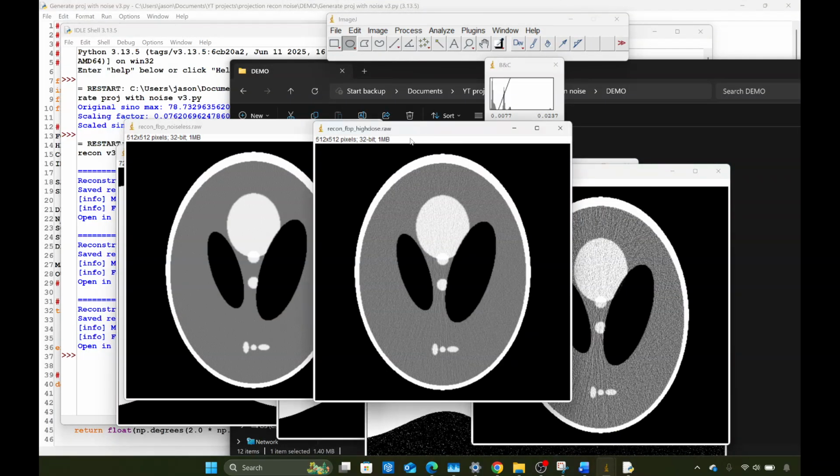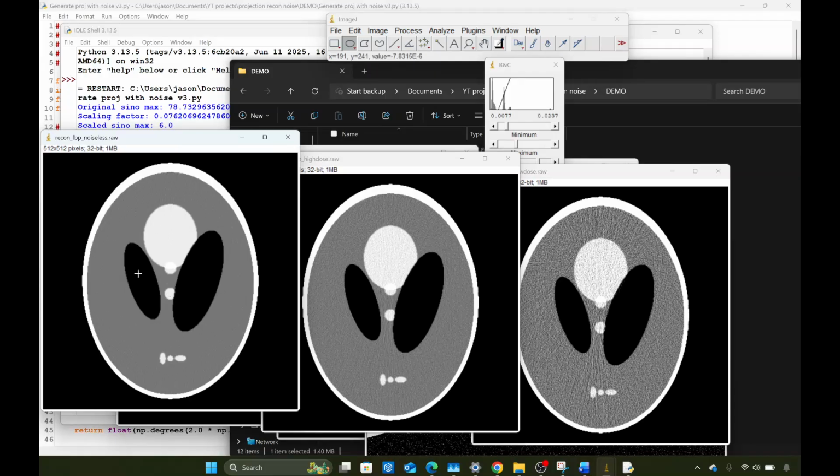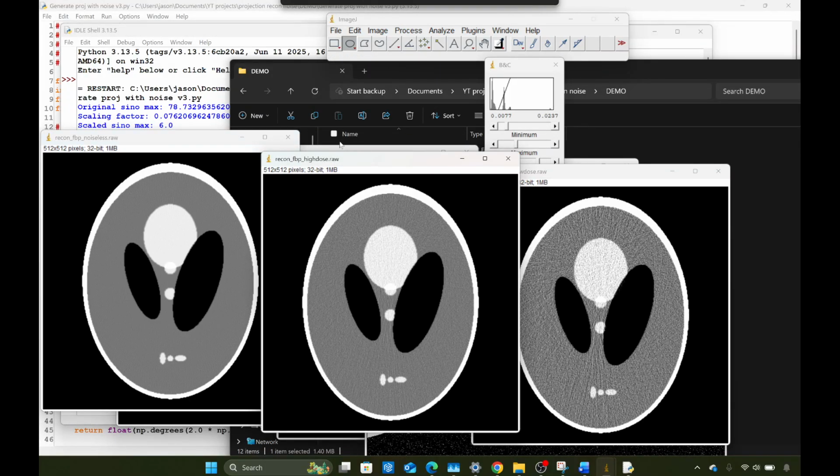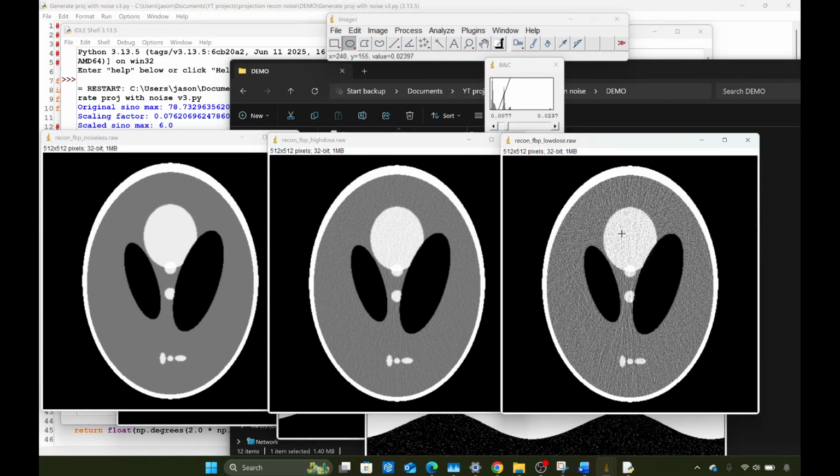So now we can obviously see the difference. The noiseless is very clean because this is pure line integral reconstruction, and this is the high dose simulation, which has low noise, and this is the low dose simulation, which has high noise.